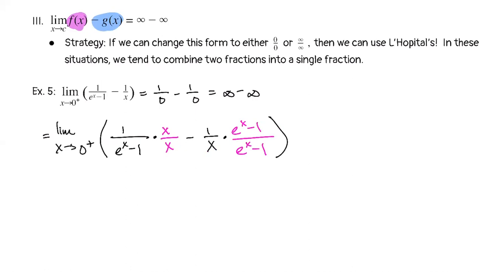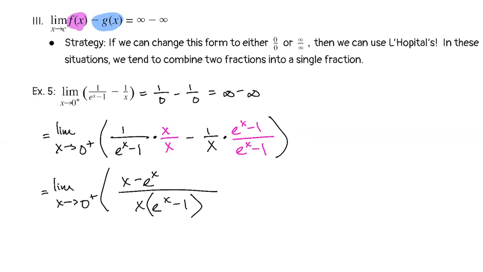From here, let's combine and see what we get. I have the x on the top and minus e to the x. But what's the last term in the numerator? Plus 1. Why is it plus 1? You distribute that negative.